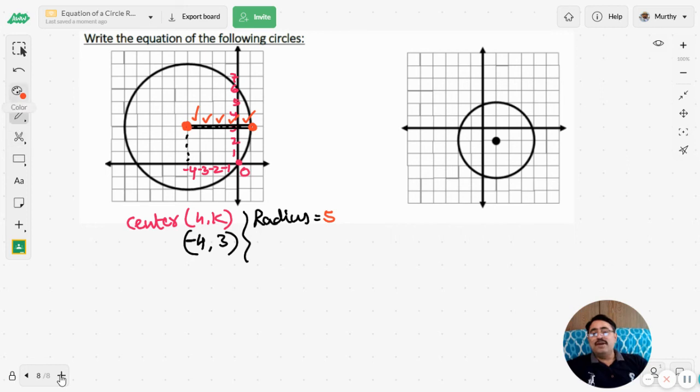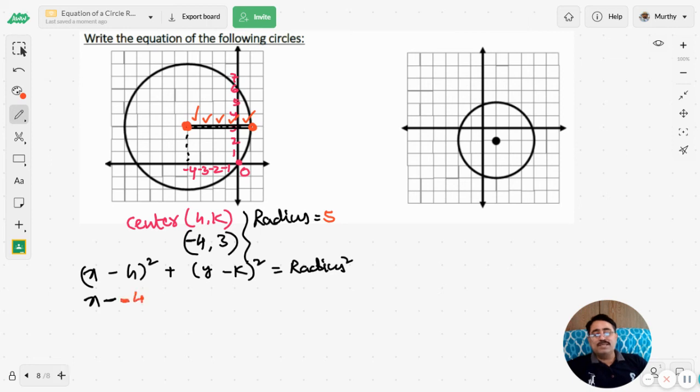So let me write the function, which is x minus h whole square plus y minus k whole square equals to radius square. So x minus, what is h, you know that it's negative 4.